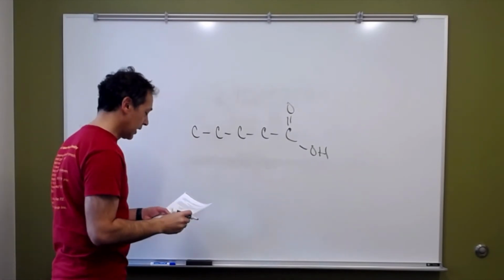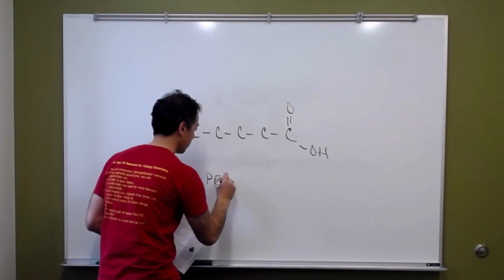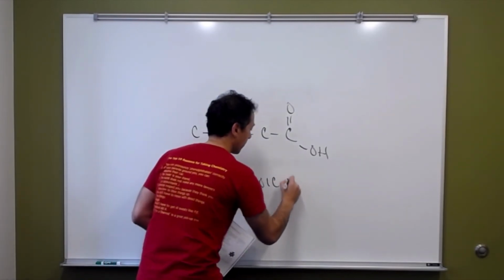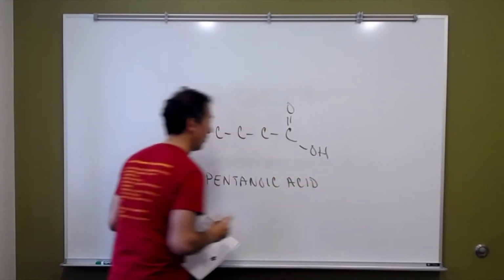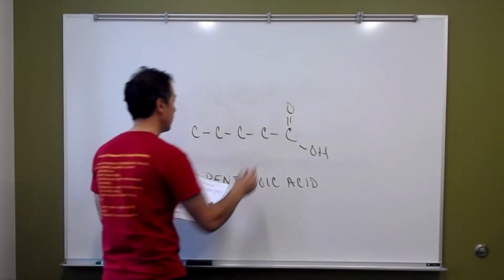We might recognize this here as pentanoic acid. But then what happens if we throw an amine on there, like this?